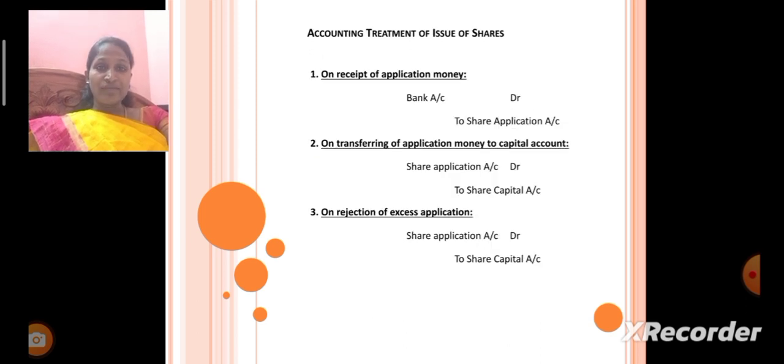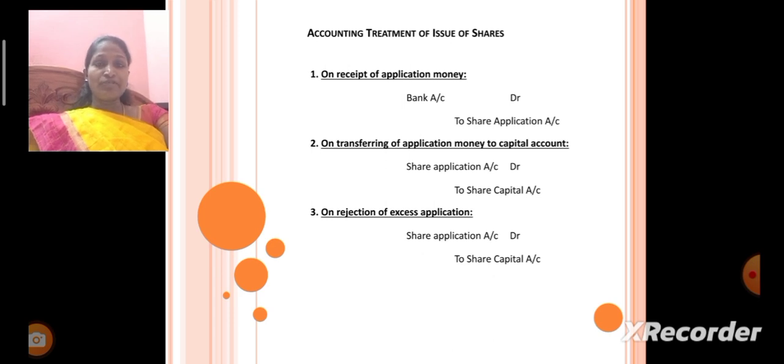So these are the entries to be followed by the company. For every step, the company has to maintain two entries. First is on receiving application money. Second one is allotment. Third one is first call. Fourth one is second call, or maybe the final call.